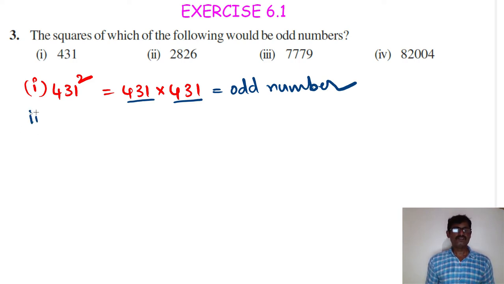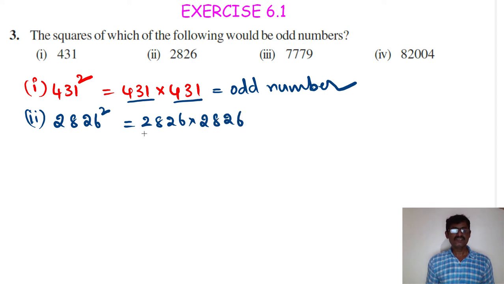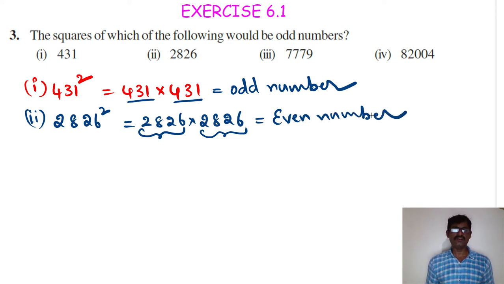For the second one, 2826 squared, which is equal to 2826 times 2826. This is an even number and this is also an even number. So the product of two even numbers is an even number. So this is not an odd number.